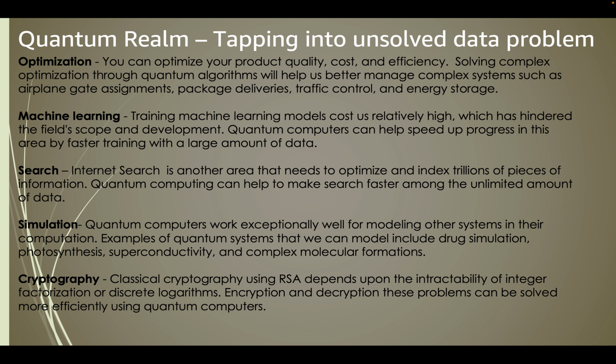Then some machine learning models have billions of parameters, and those models take days to train. And I think with quantum it can be pretty fast. Same in internet search, indexing trillions of pages, or creating simulations of genomics, complex molecular formation, or drug simulation. All those can unlock lots of value.